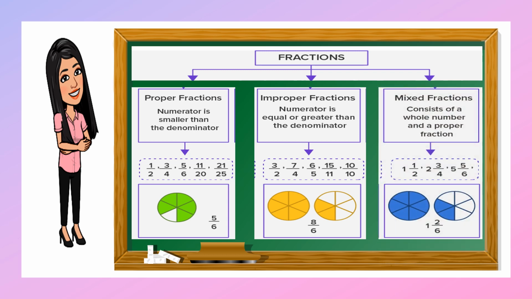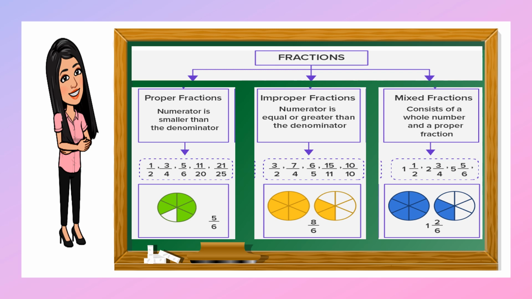Next is the mixed fraction. When we say mixed, it consists of a whole number and a proper fraction. Ibig sabihin, meron siyang whole number and a proper fraction. So we have 1 and 1/2, 2 and 3/4, 5 and 5/6.